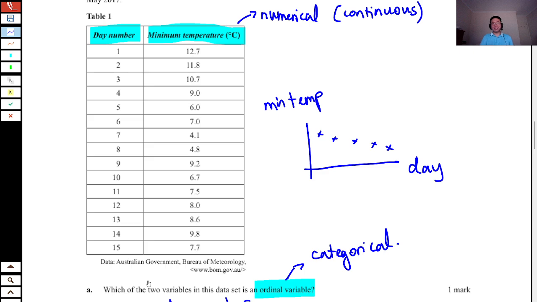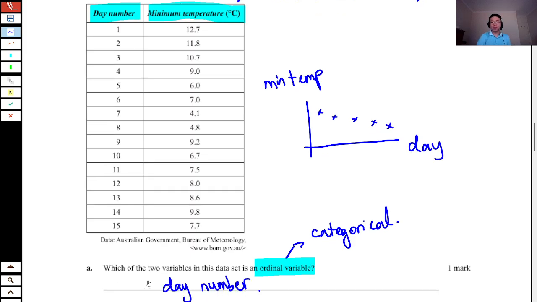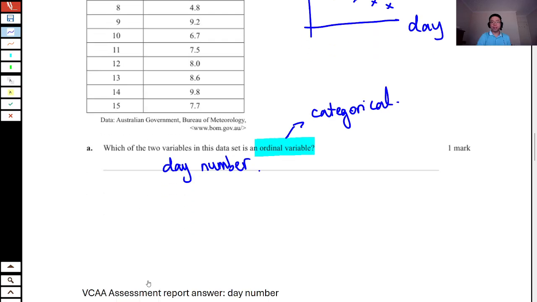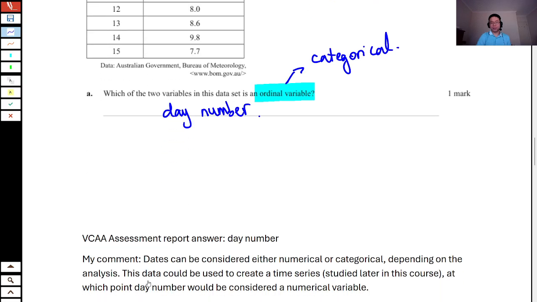So some people disagree with this question. And although the answer is straightforward, it's easy to tell from the question which one it is. The point that I want to make here is that any data that involves a date or an identifier such as a day number or year number could be either numerical or categorical, depending on the analysis.